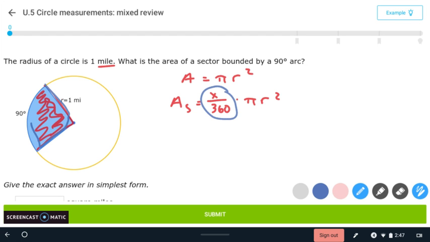Here we know the radius is 1, so we can substitute 1 in for r squared. And pi is going to stay pi because they want an exact answer, so we leave pi.